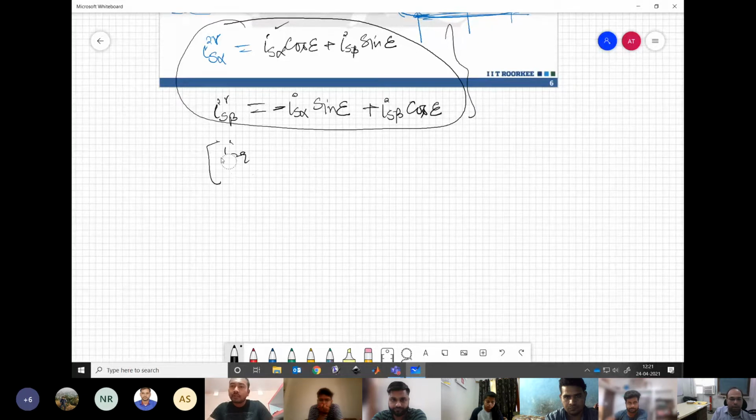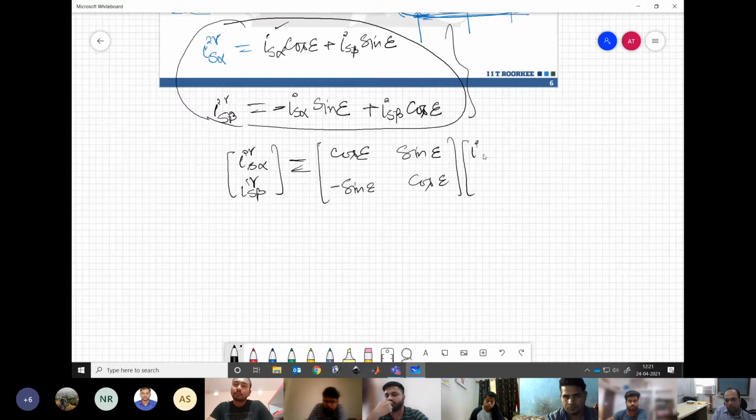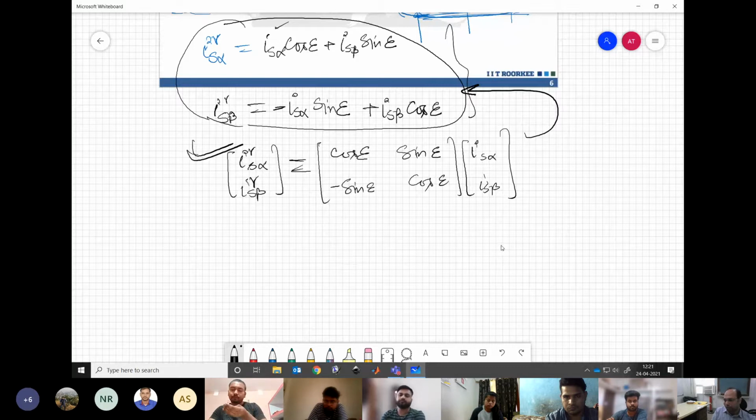Let us say this vector IS alpha R, IS beta R, this is nothing but a multiplication of this 2 by 2 matrix with this vector. This is how we can write in a more compact form. This is the same thing, two equations. Fine.